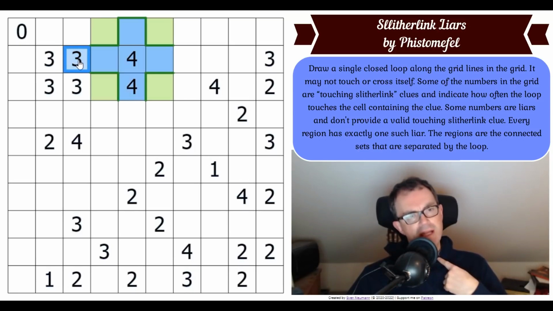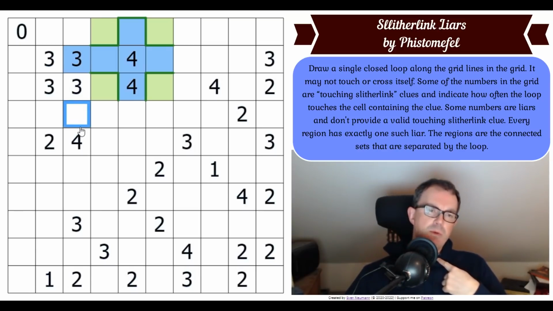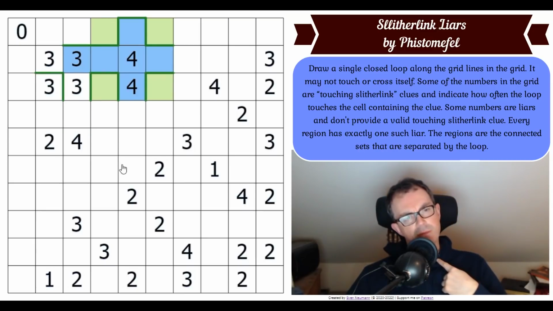So it would have to be a correct total inside the loop, which means the loop has to hit this 3 times, which means how on earth does it do that? The answer is probably in a few different ways. Could it do it like that? Yes.